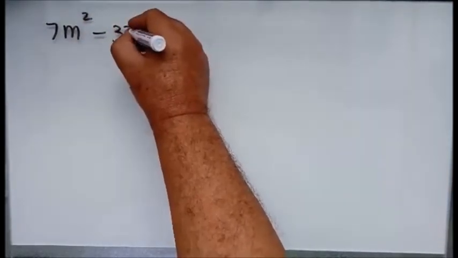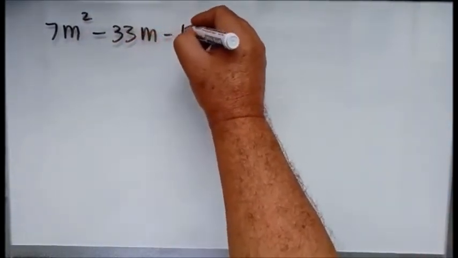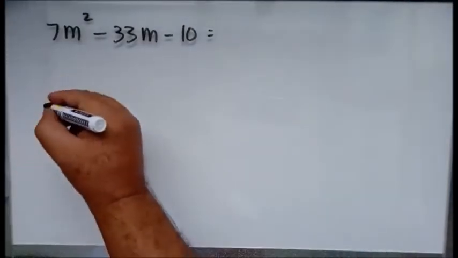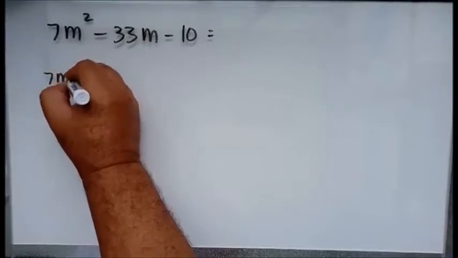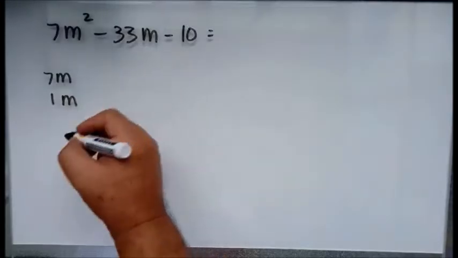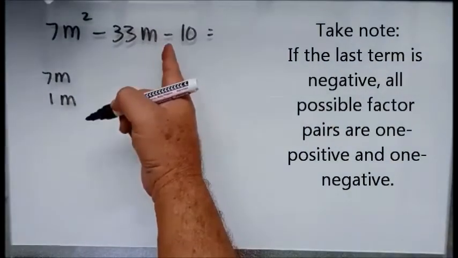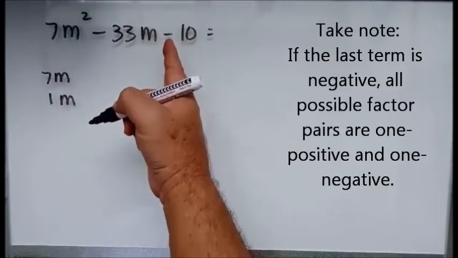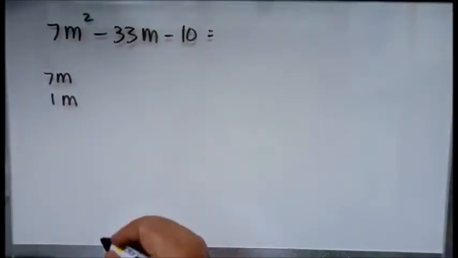7m squared minus 33m minus 10. Okay, what are the factors of 7m squared? 7m, 1m. Since this is negative and this is negative, the factors must be 1 positive and 1 negative.